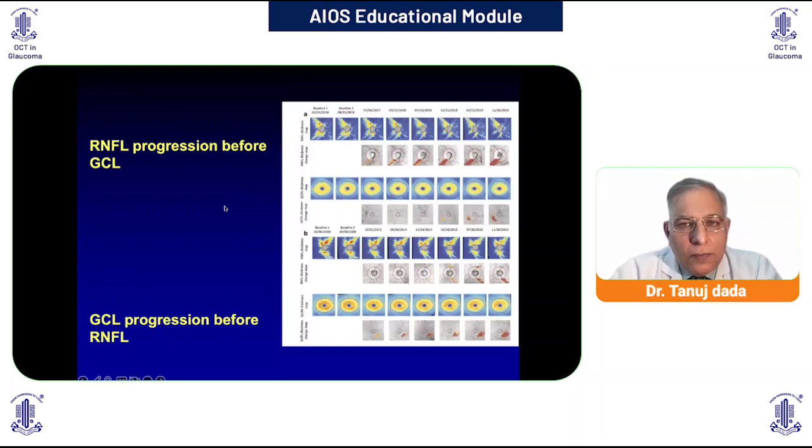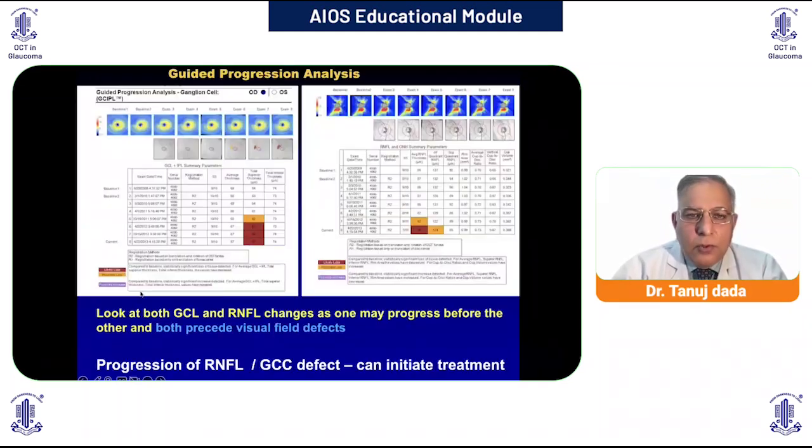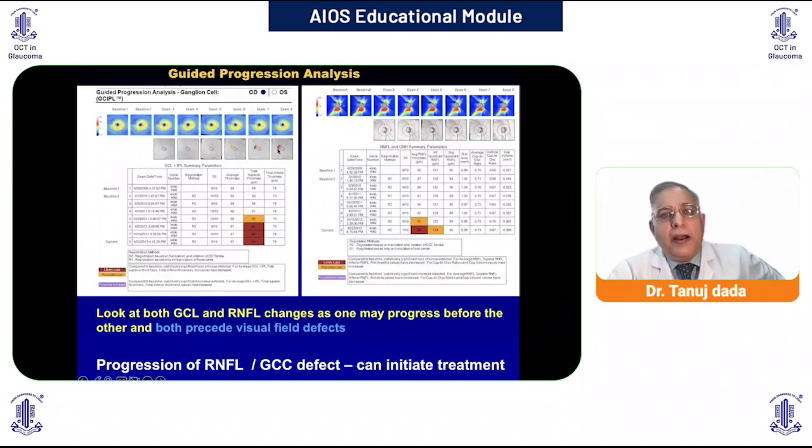So on follow-up, you have to image both the retinal nerve fiber layer as well as the ganglion cell complex, because you can have one defect occurring before the other, and both of these precede the visual field defects. So once you are able to show progression of the RNFL defect or the ganglion cell defect, it confirms diagnosis of glaucoma provided it is in the expected zone, the macular vulnerability zone.